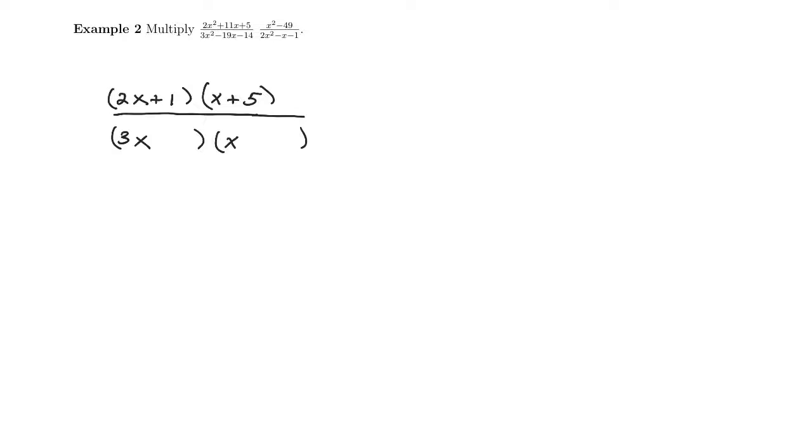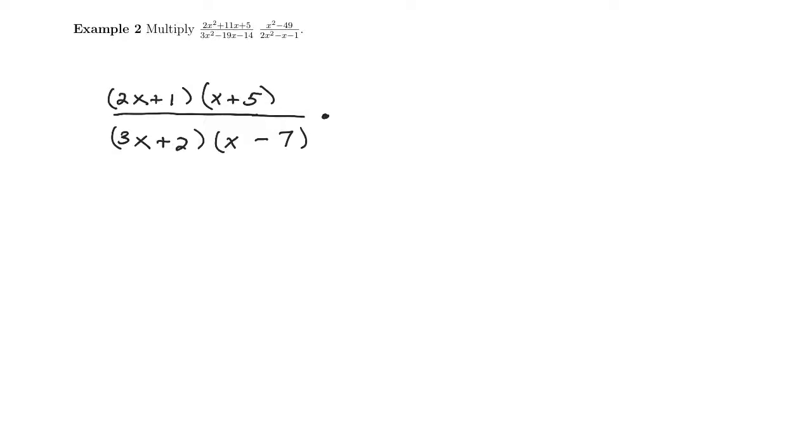If I'm going to multiply to 14, I'm going to go with 2 and 7. You could use 1 and 14, but I'm guessing a 2 and a 7 will probably work. Well, 3 times a negative 7 will give me a negative 21, and then a positive 2 more than that would bring me up to a negative 19, and there we go. That factored the denominator.